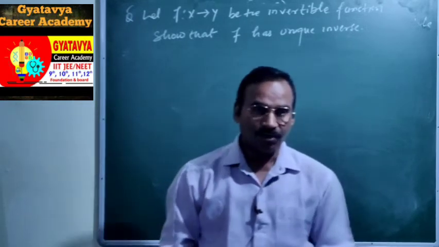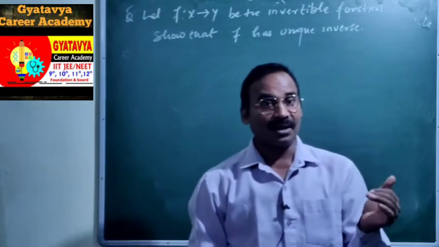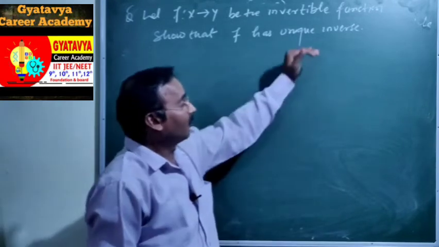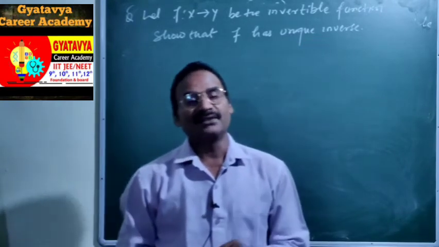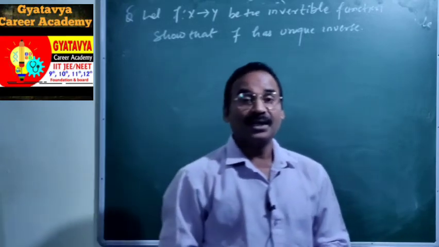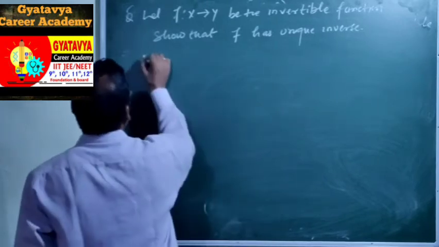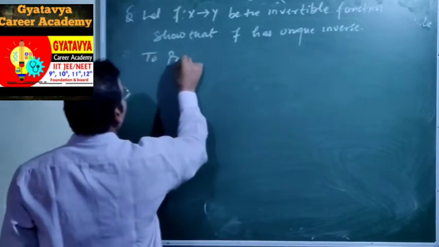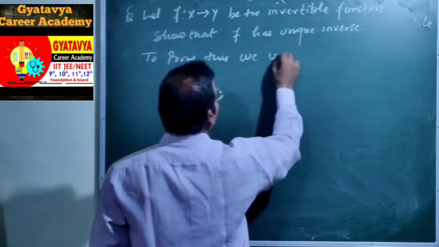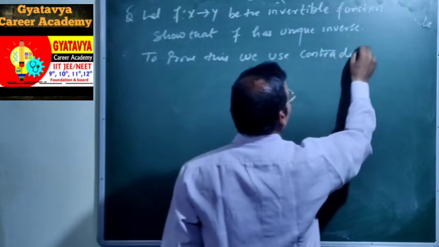Now you have to suppose against what you have to find. Let the function have not a unique inverse, so there will be more than one inverse. To prove this, we use contradiction.